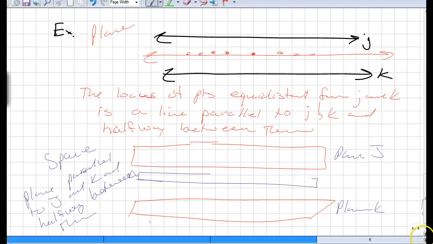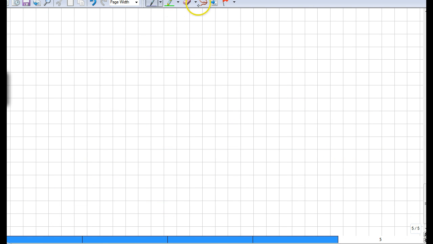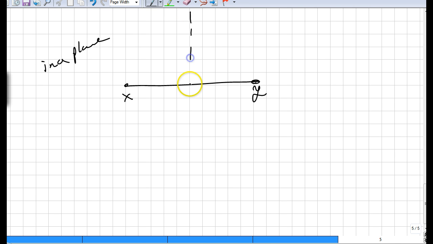Okay, so given a segment in a plane, what is the locus of points equidistant from x and y? Well, we know from our constructions that the points equidistant from x and y are the points on the perpendicular bisector.